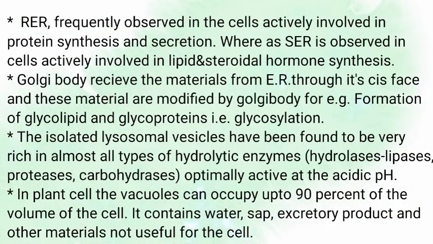Golgi body receives the materials from endoplasmic reticulum through its cis phase, and these materials are modified by Golgi body for formation of glycolipids and glycoproteins, which is called glycosylation.